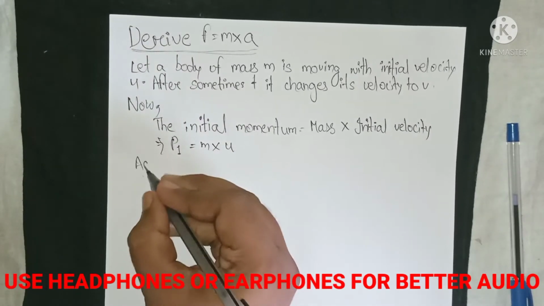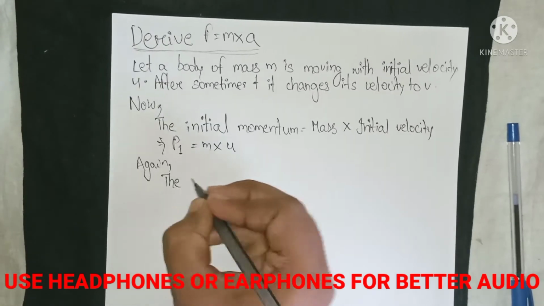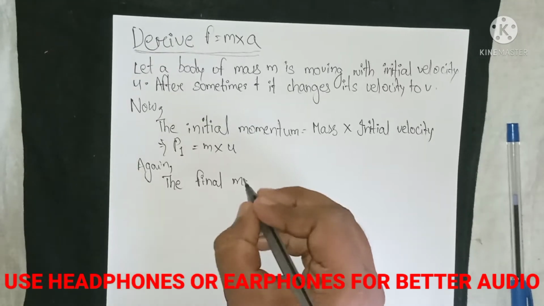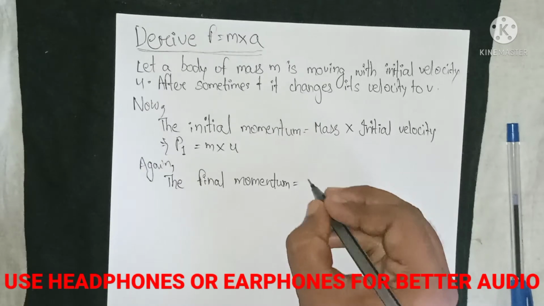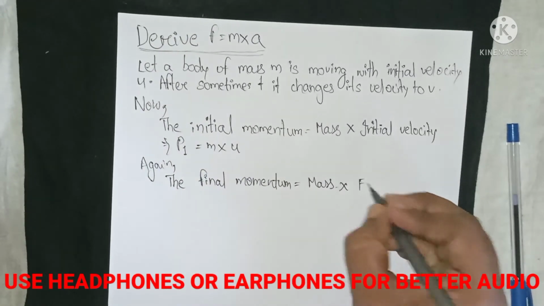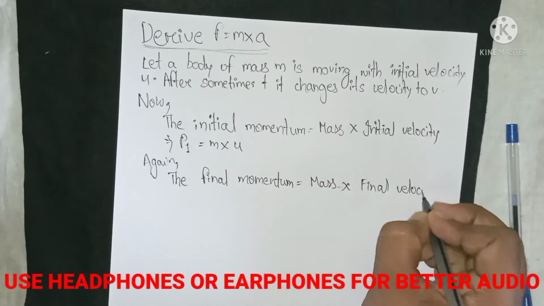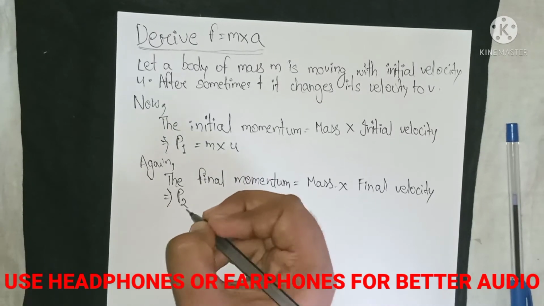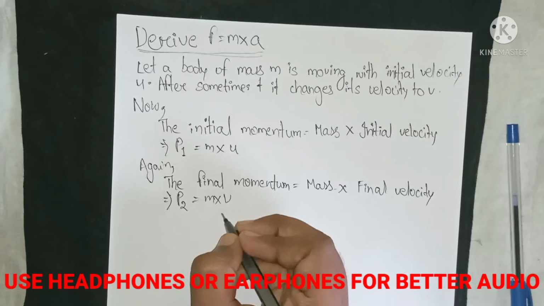And now again we have to find the final momentum, which is equal to the mass of the same body multiplied by the final velocity, v. Implies p2, I state the final momentum as p2, is equal to mass multiplied by v.